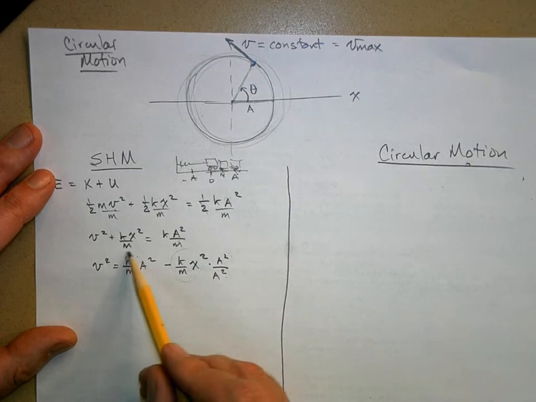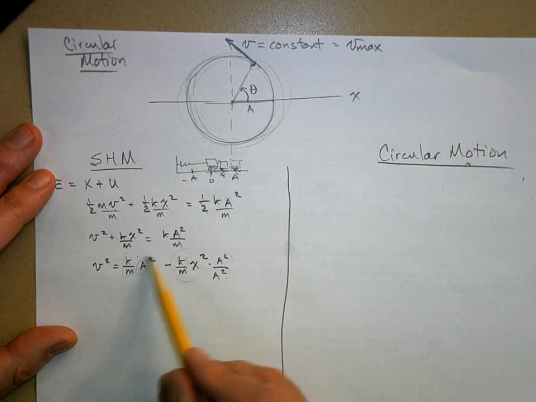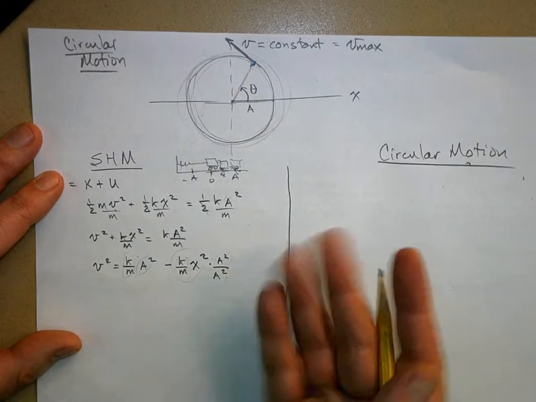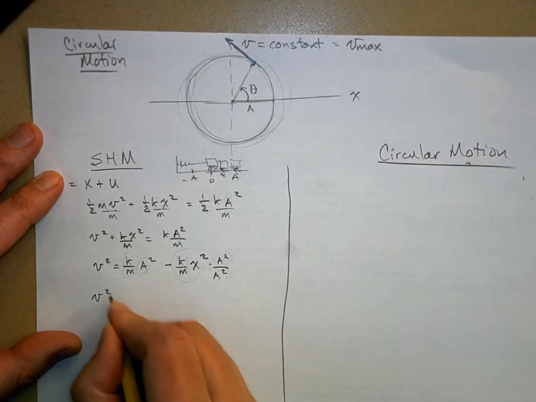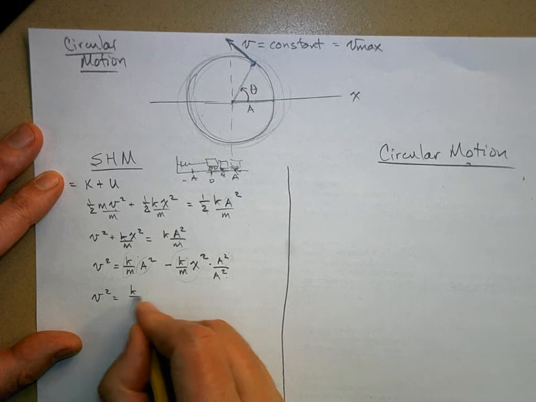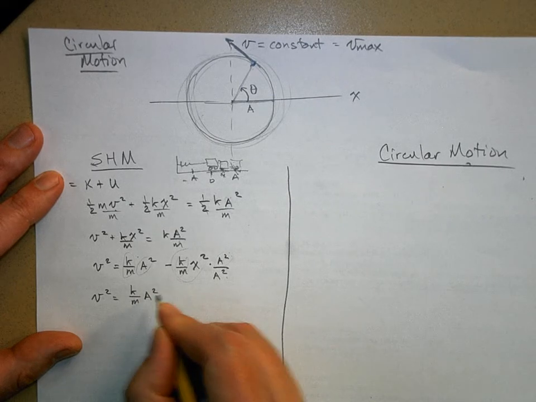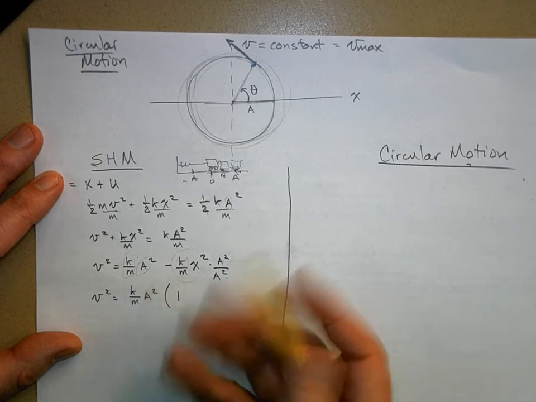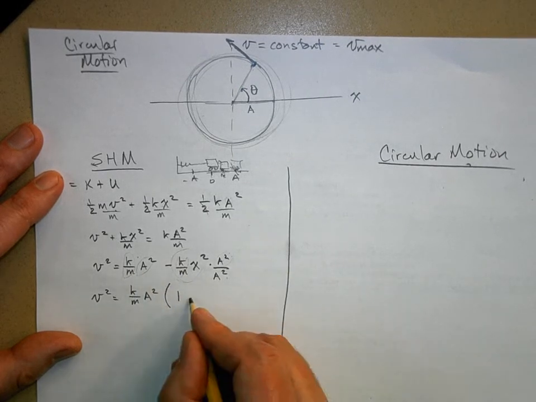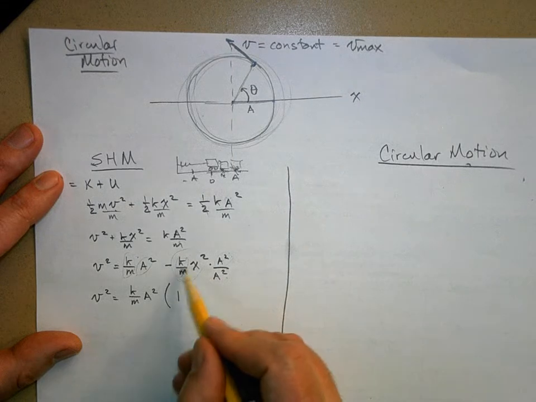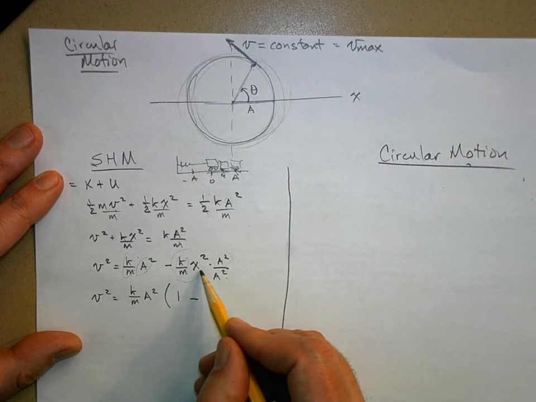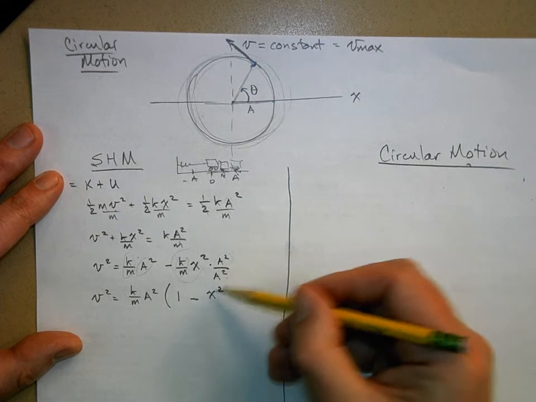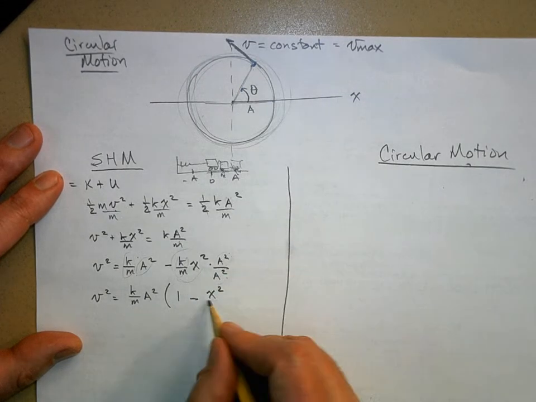I got a k over m in both terms, and now I've got an a squared in both terms. And so let's factor those out. So v squared equals k over m times a squared. Now what's left here is just 1, right? I factored out the whole thing, so it leaves 1. Minus, now I factored out the k over m, but I didn't factor out the x squared. And I didn't factor out this other a squared, so I got an a squared on the bottom here.